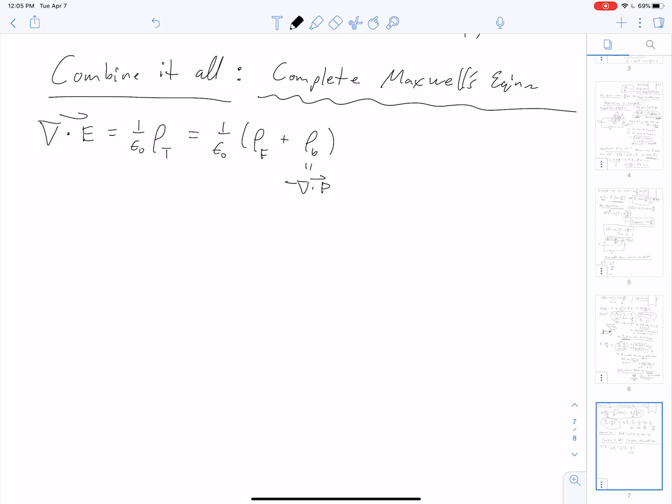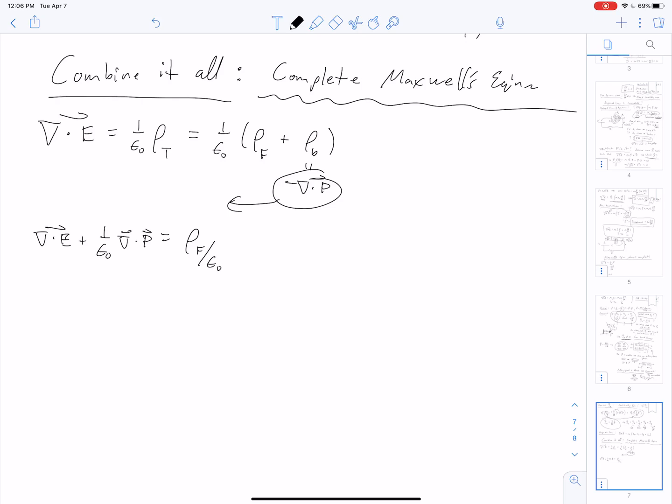Bound charge density, and that of course is negative del dot P. But then we can play a little game, and we can move this over to the other side. And so then what we get is del dot E plus 1 over epsilon naught del dot P is equal to rho free divided by epsilon naught.